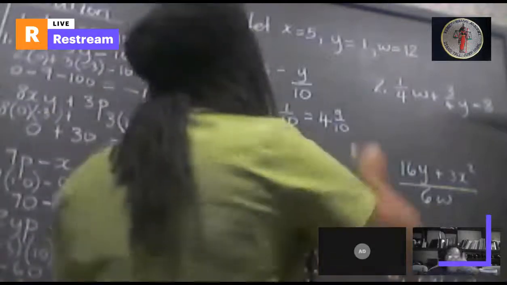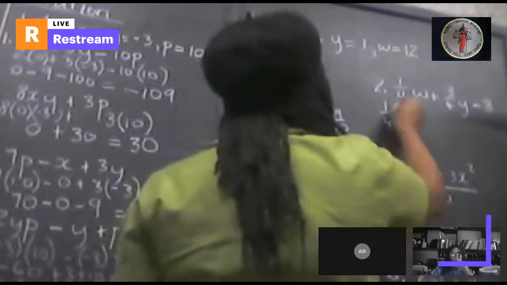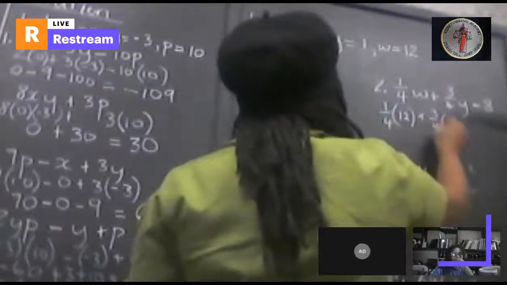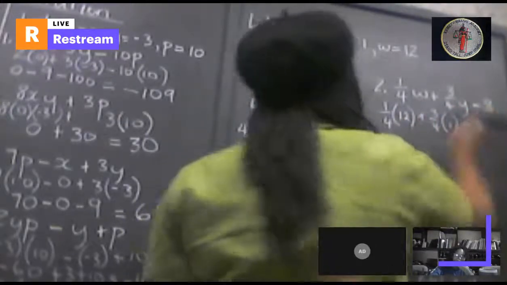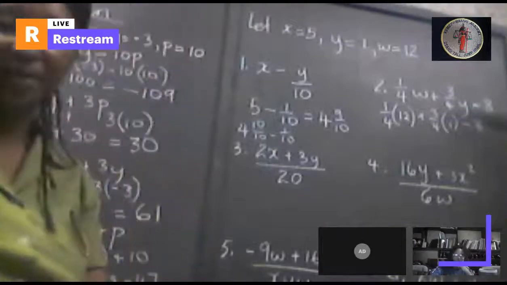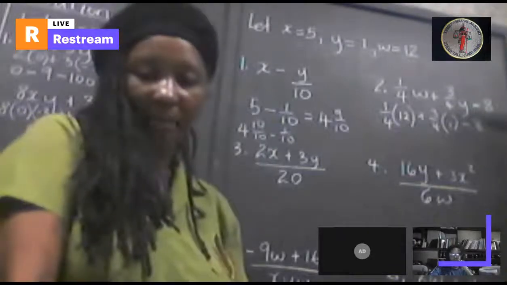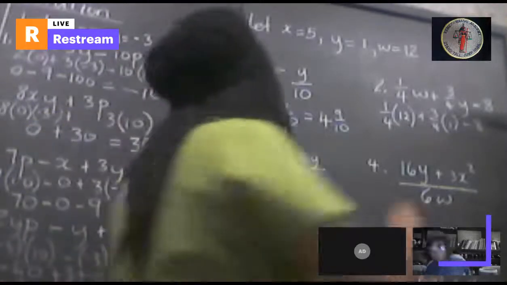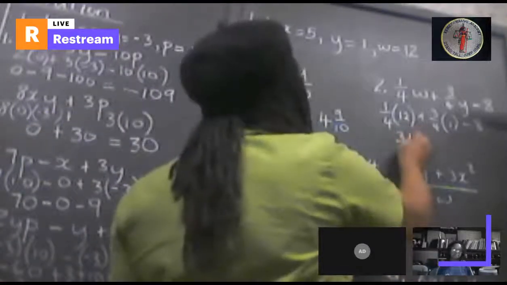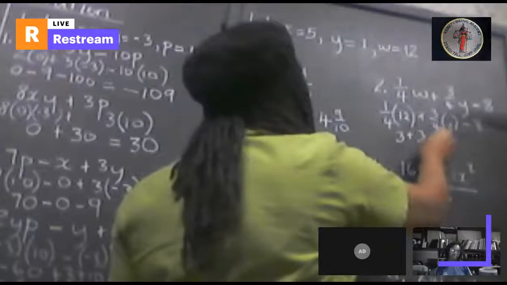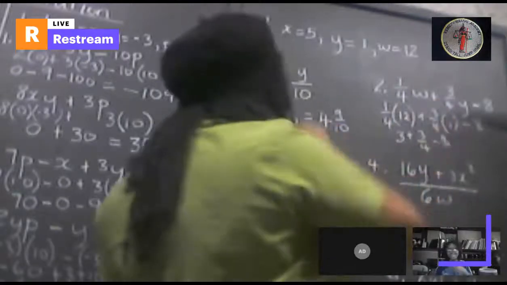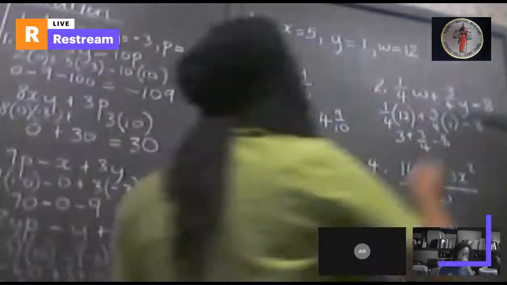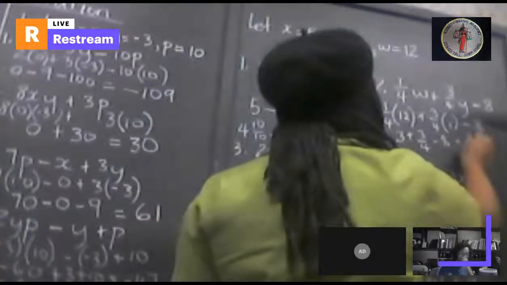All right, so it's a quarter times 12 plus 3/4 times 1 minus 8. What's a quarter of 12? A quarter of 12 is 3. And 3/4 of 1 is 3/4, right? Yes, miss. So 3 and 3/4 minus 8.